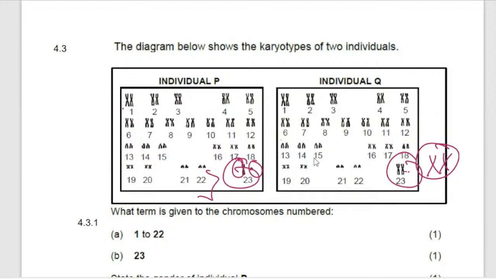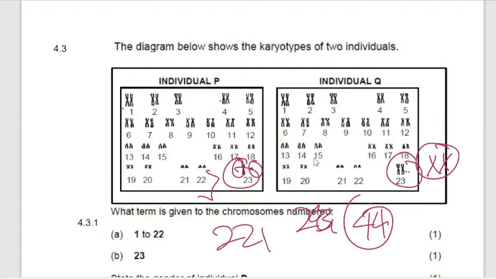But if they ask you how many autosomes are found in P? Please, guys, don't just say that it is 44, or it is 22 pairs. No, count them, because sometimes maybe chromosome number 6, we put them 3, whereby you say 1, 2, 3, 4, and you don't recognize that.